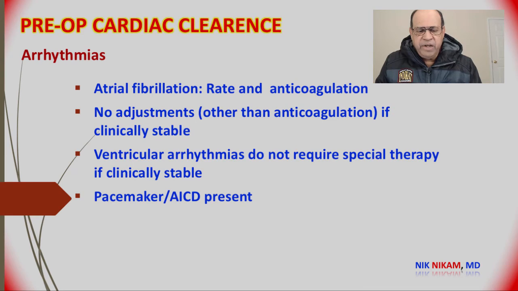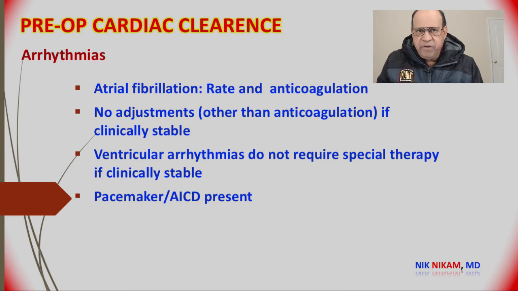Since the majority of the patients with atrial fibrillation are on warfarin or other medications such as Xarelto or Pradaxa, we have to make sure that we stop these medications appropriately, anywhere from 4 to 5 days before the elective procedure, and resume these medications as soon as it is cleared by the surgical team.